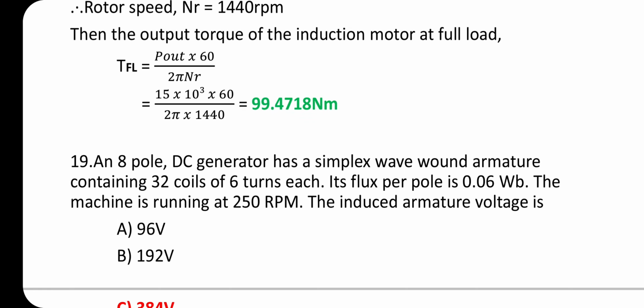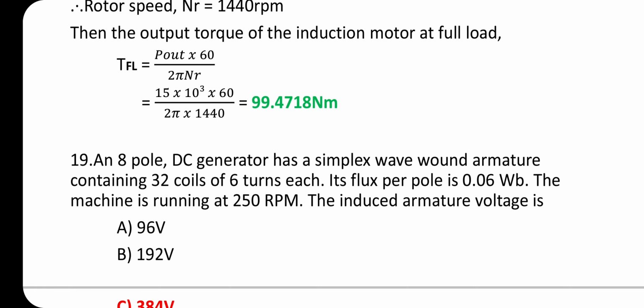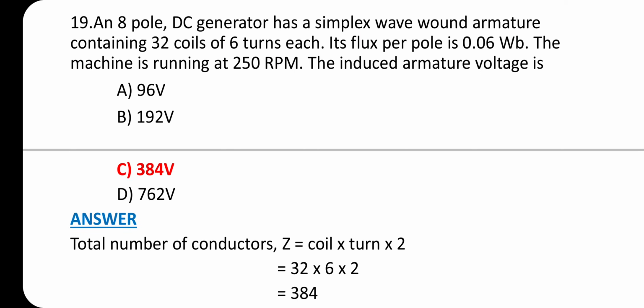Then the output torque of the induction motor at full load TFL equal to P out into 60 divided by 2 pi into Nr. Substituting the values of P out and Nr, we get output torque of an induction motor at full load TFL equal to 99.4718 Newton meter.